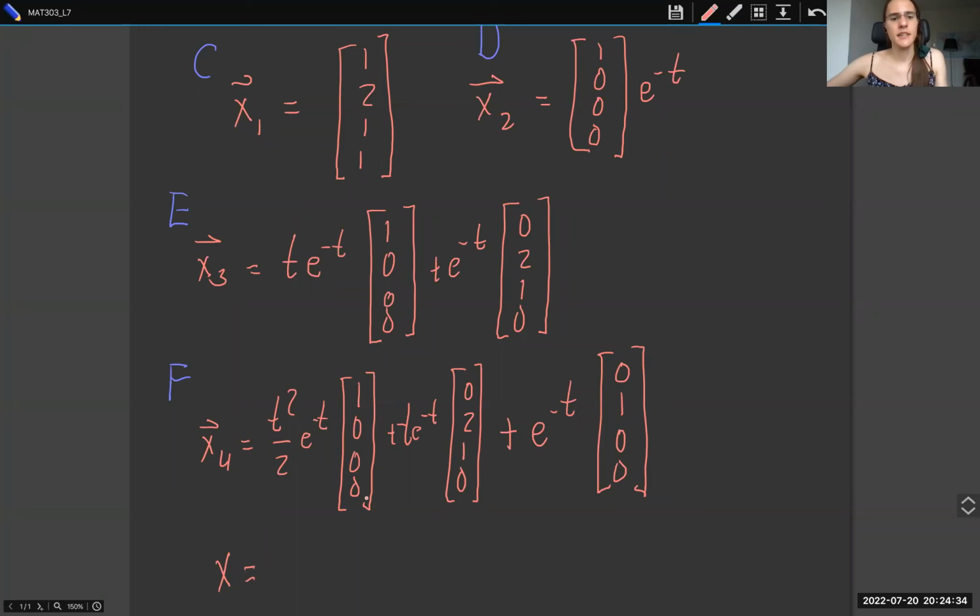So c, and then we're going to get plus e to the minus t. Then we're going to get d. Then we're going to get e times t. And then we're going to get f times t squared over 2, right?